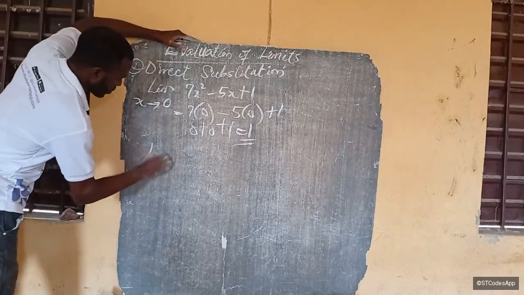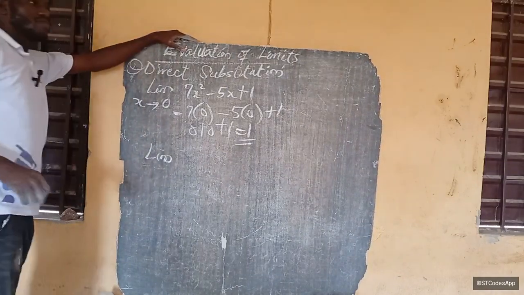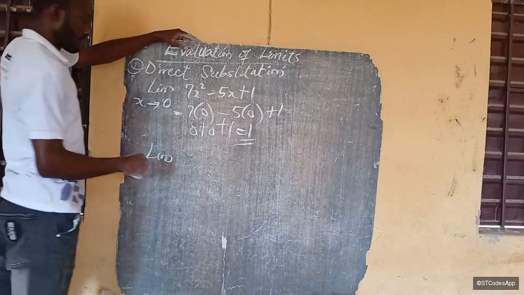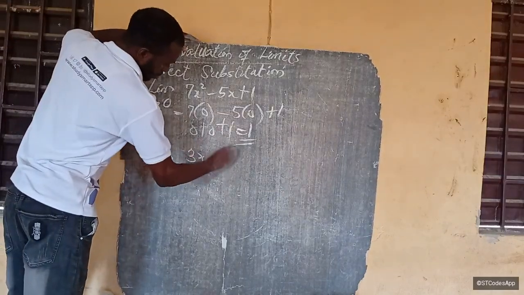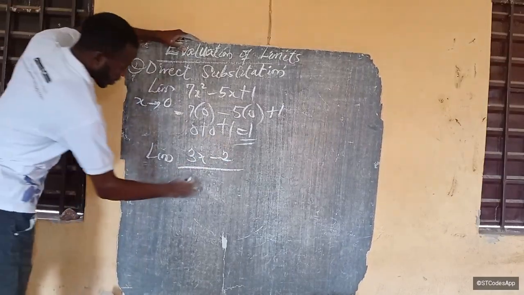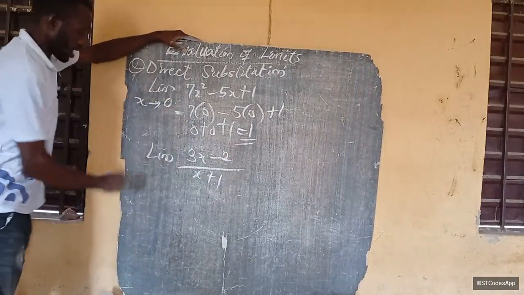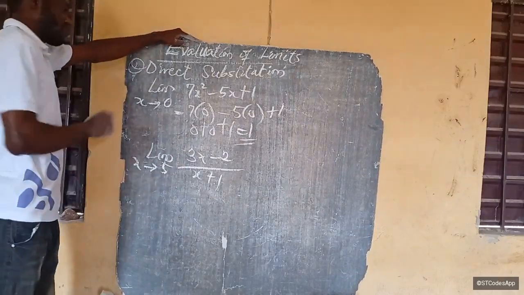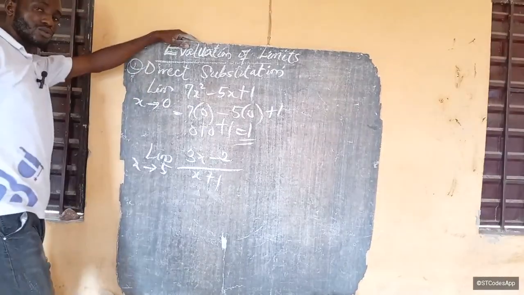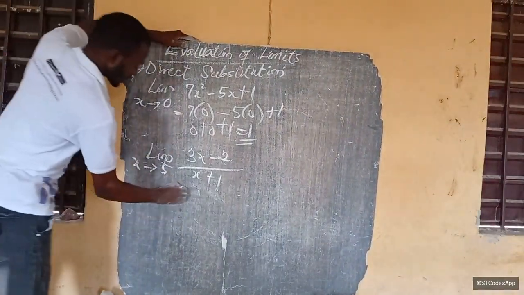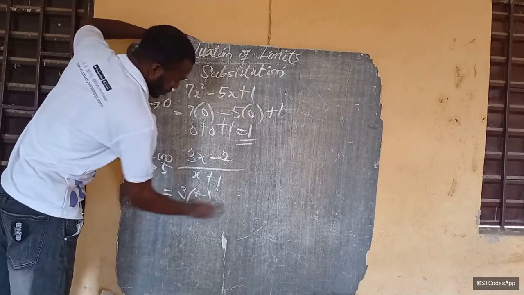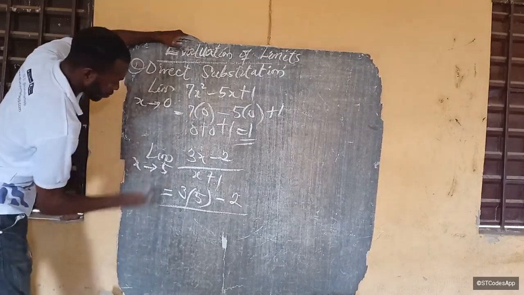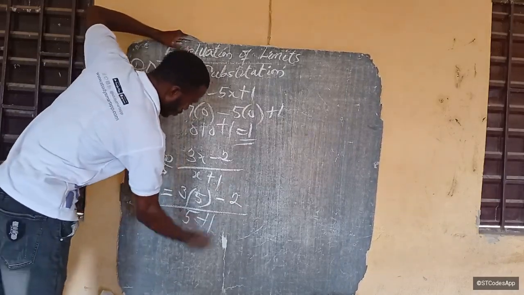We can also have the limit of a function 3x minus 2 over x plus 1 as x tends towards 5, for example. If this is the case, you directly substitute. So what do you have? You have 3 into bracket 5 minus 2 all over 5 plus 1.